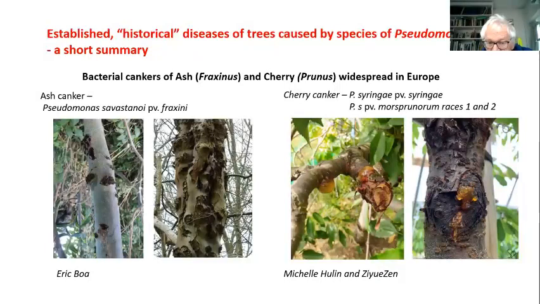Compare that with cherry canker, which produces a much more rapidly developing canker on woody tissue, dark brown lesions, and often they're associated with bacterial ooze and this rather disgusting gummosis symptom, which is a mixture of plant products. So both called cankers, but quite different diseases. The ash canker develops much more slowly.